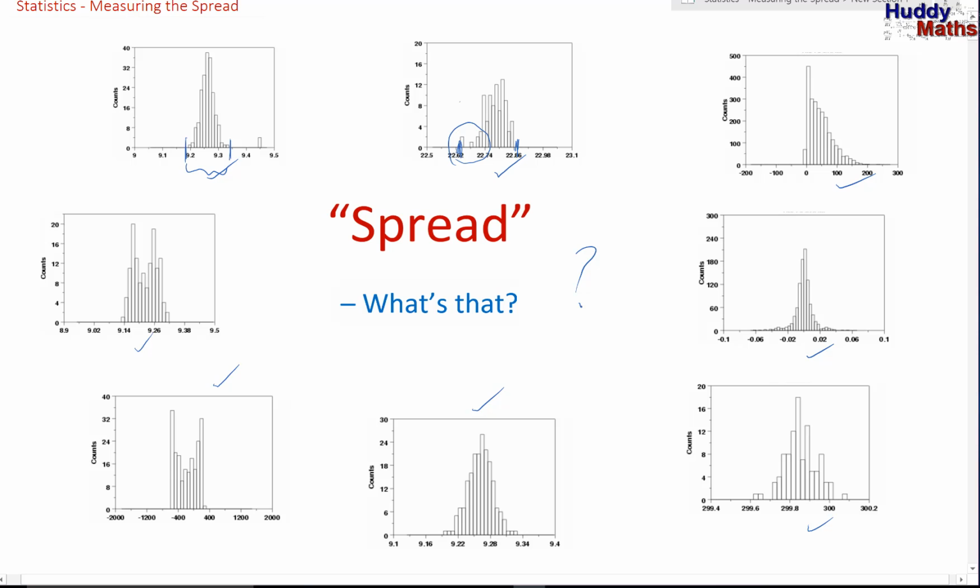Maybe we should even actually exclude those values there as perhaps outliers. We'd have to look at how the data was collected. And up here, the spread of data. Oh, that's a fair range, isn't it? Highest minus lowest, and perhaps that gives a false impression because that's a skewed distribution.